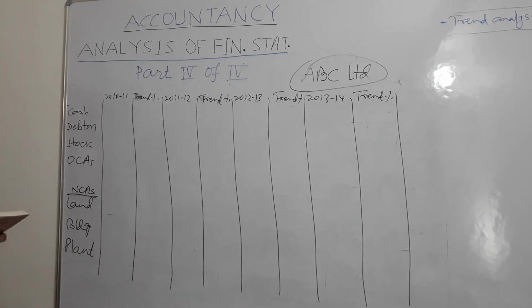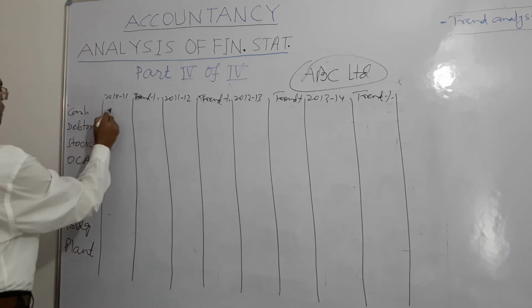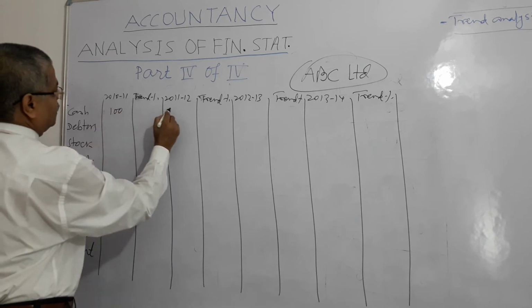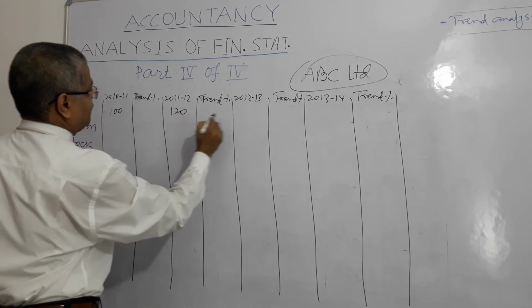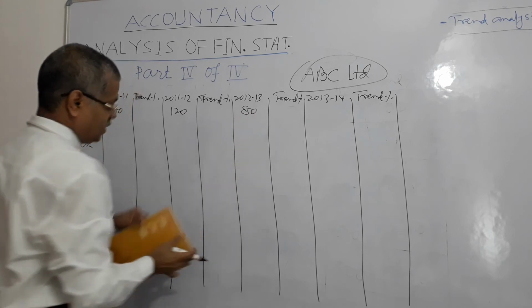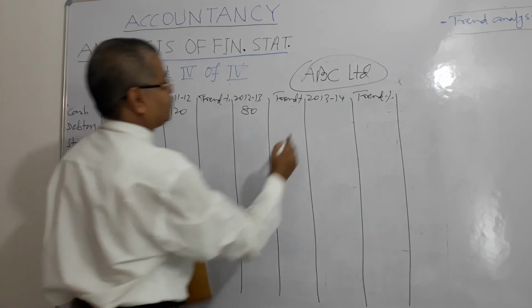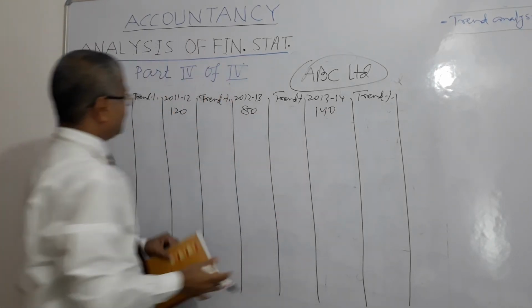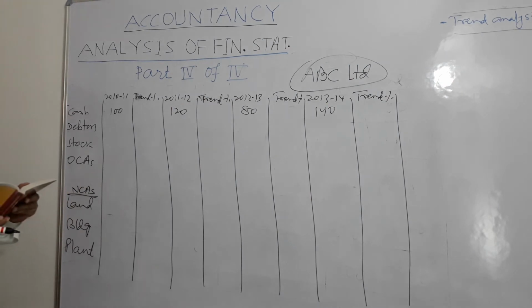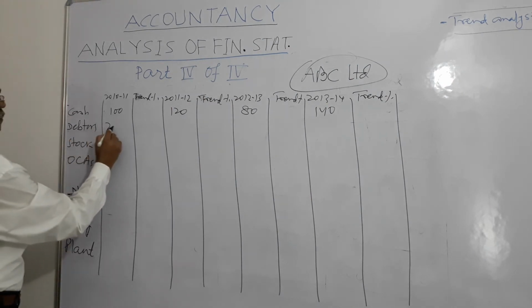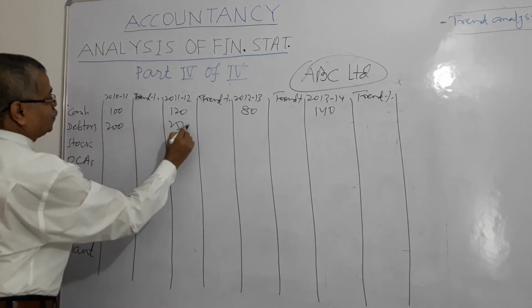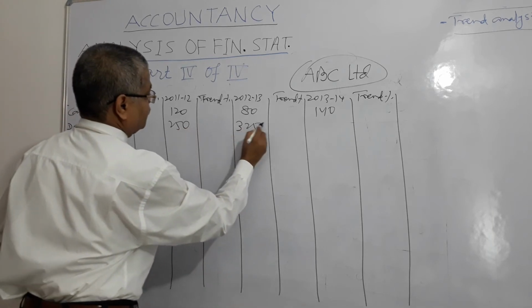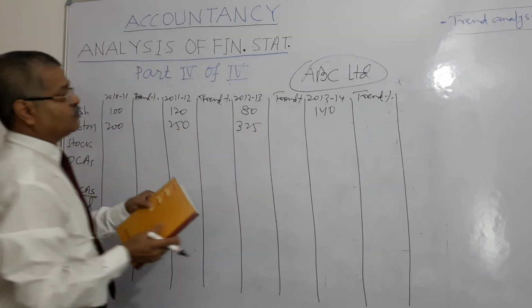Cash: 100, 120, 80, 140. Debtors: 250, 325, 400.